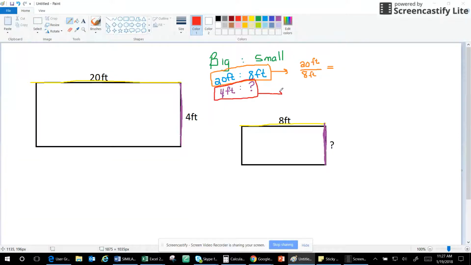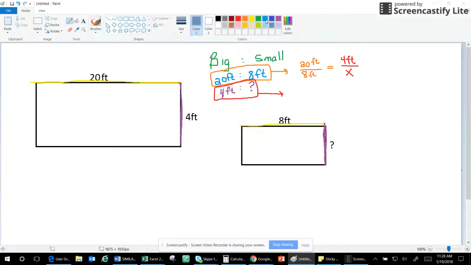So I'm going to throw this into my equation too. The width of the large rectangle is 4 feet, and I don't know the width of the small one. Now I have two ratios set up and I can solve them.